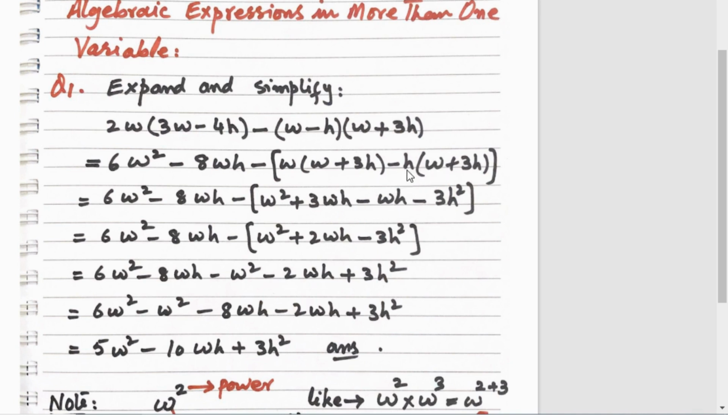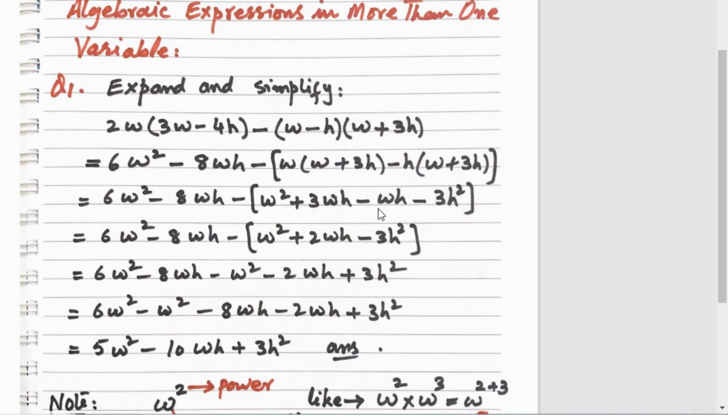We will not write it as hw. You might get confused that hw is a different term and wh is a different term. No, in multiplication, wh and hw are the same term. Why? Because multiplication is commutative. We will study this law later if we need it.